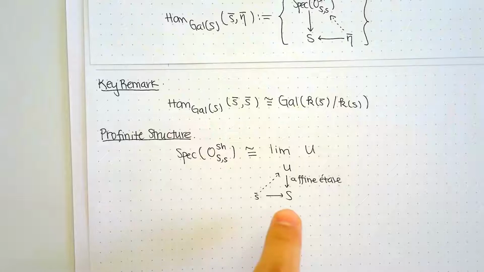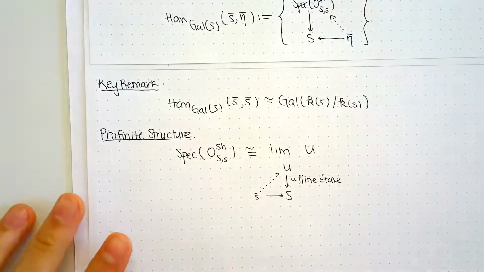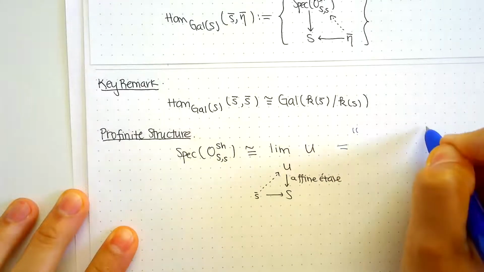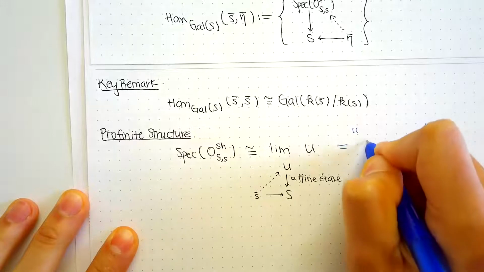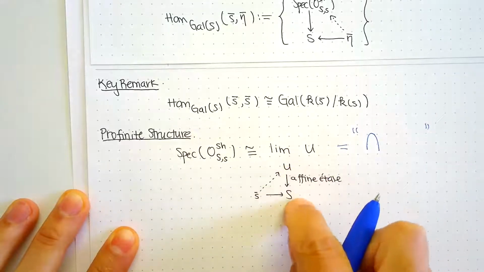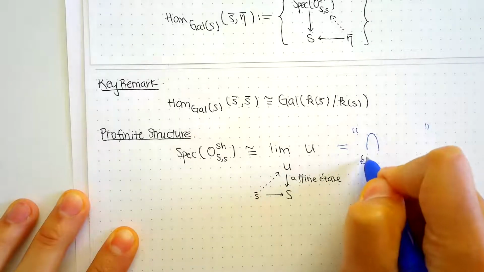So yeah, you can actually think about this as, let me just say equals in quotation marks, because this doesn't really make sense. So you think about it as this kind of gadget, an Étale map down to your scheme along with a lift of the geometric point. That's called an Étale neighborhood.